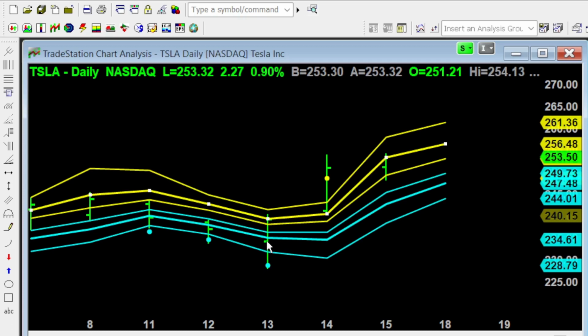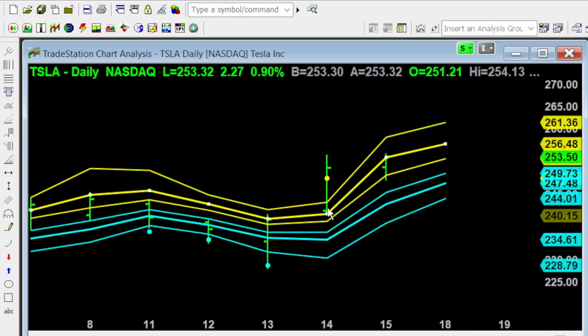Then it quickly increased to this price again, and even increased to almost the middle yellow trend line. The next day, Tuesday, had another continuation of increasing. It opened above this middle yellow trend line, as I mentioned in my last video.